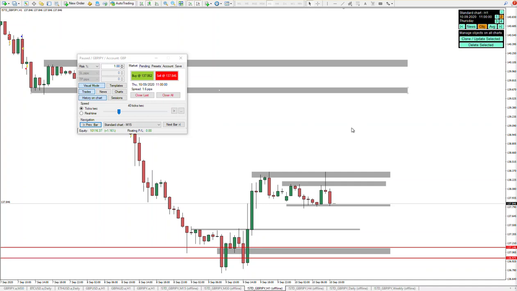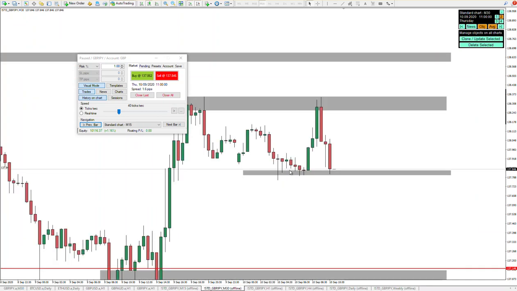Sorry for the pause. Was reading some messages. Okay, we have to wait until we break out of this tight trading range.